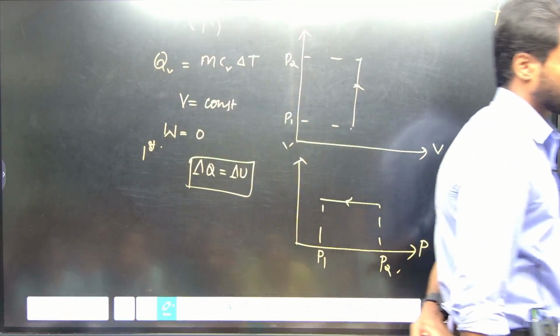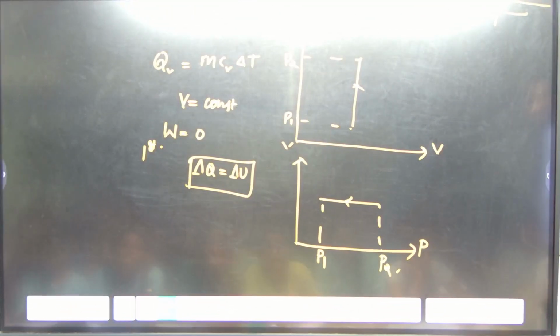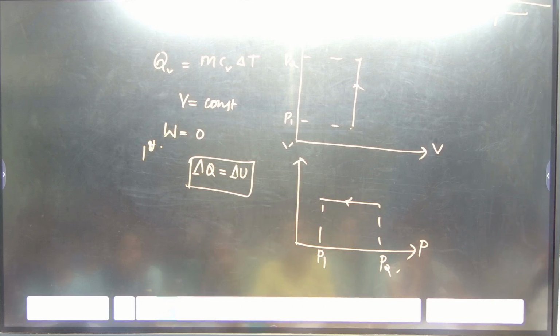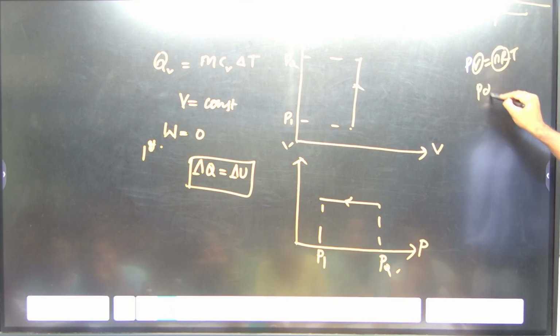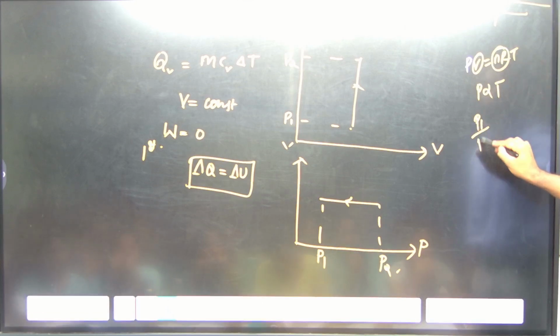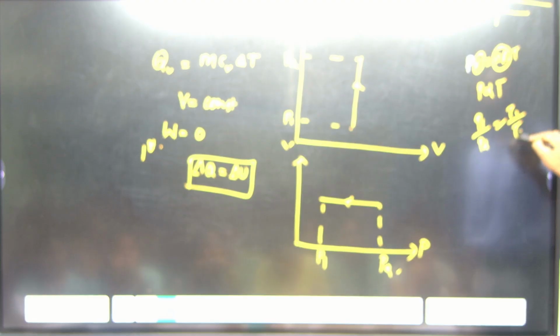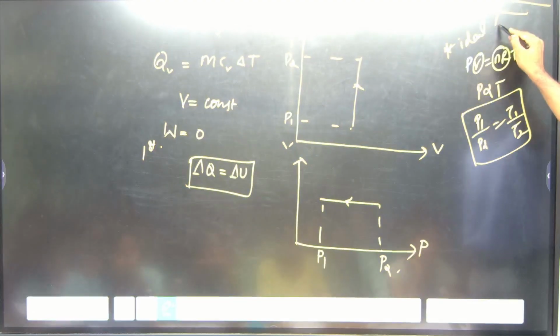Take down. And according to the ideal gas equation, PV is equal to nRT, V is constant, nR is constant, P is directly proportional to T. So P1 by P2 will be equal to T1 by T2. This is according to the ideal gas equation.